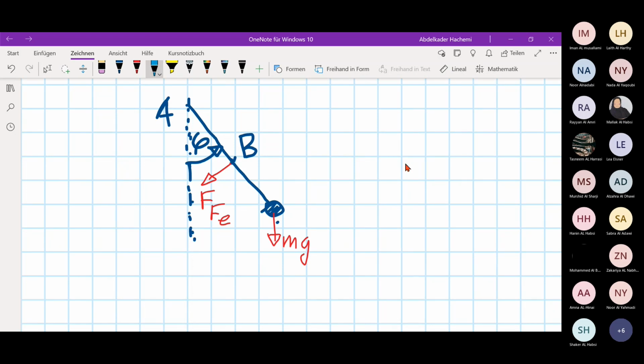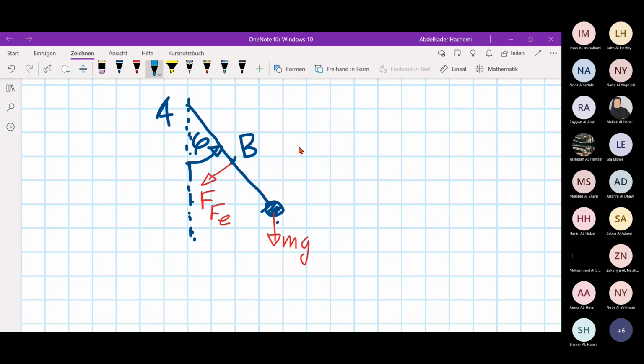In our case, the motion is describing, let's say, a circle. Then in this case, it's better to use the polar coordinate system.